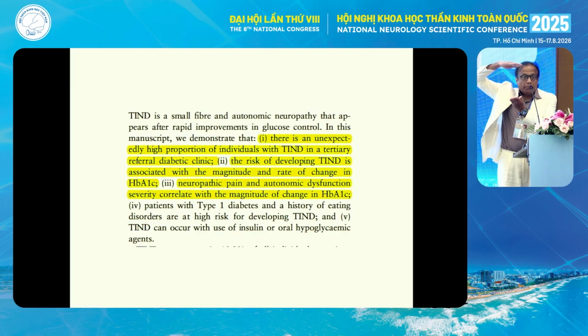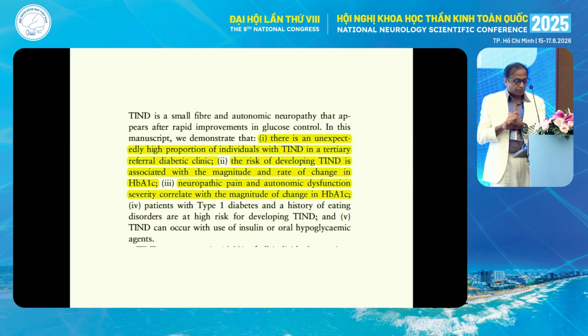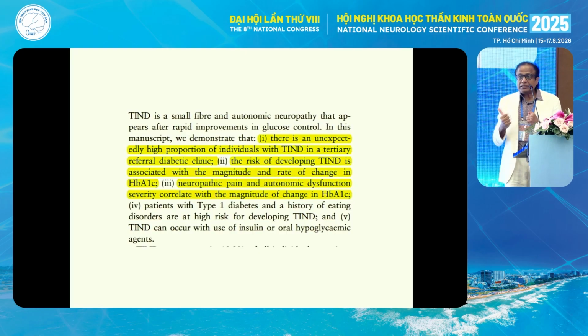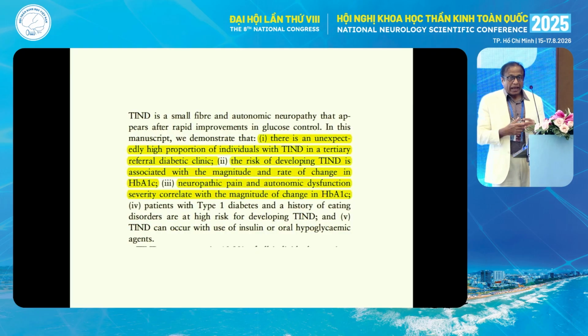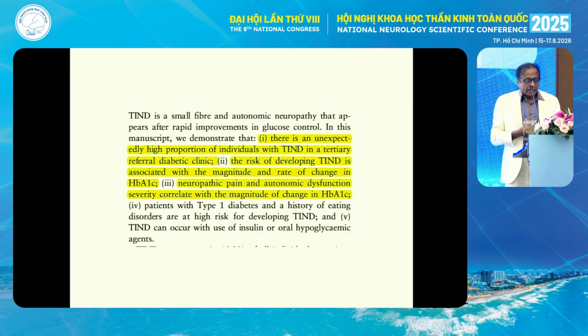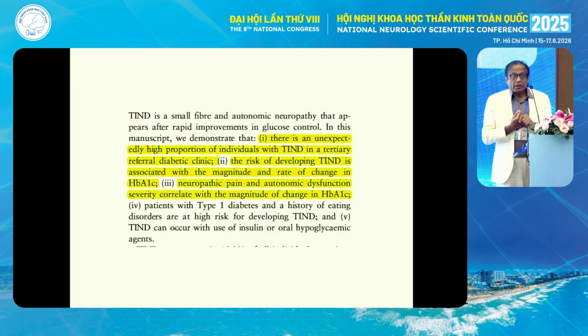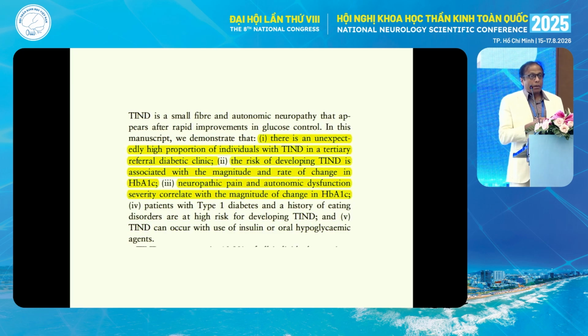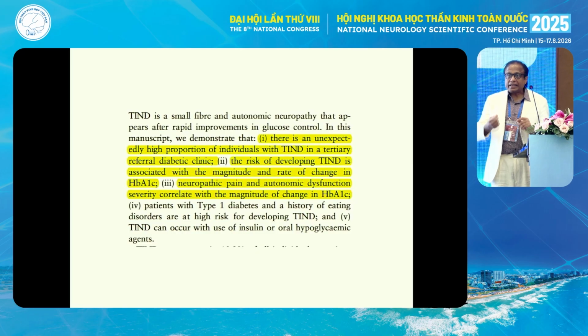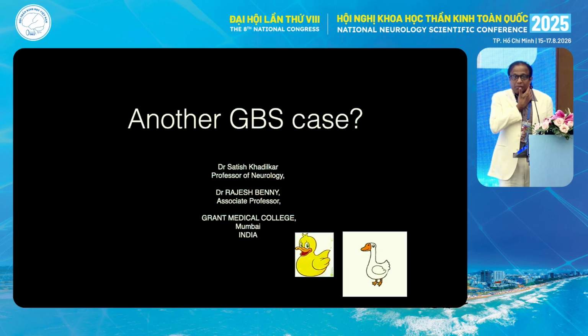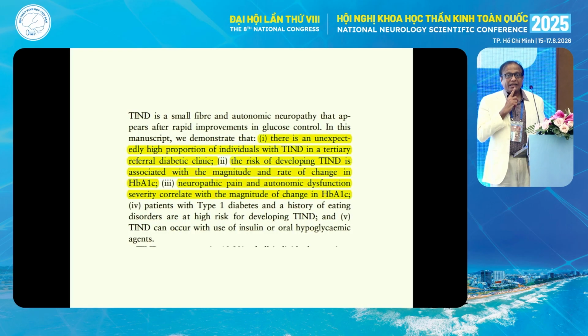So both the amount of change and the speed at which it comes down is very important. It's characterized by severe small fiber neuropathic pain and autonomic dysfunction, associated also with maculopathy. Most commonly seen with insulin patients, but it can also be seen in patients taking oral hypoglycemic agents. So, please remember this as another mimic of Guillain-Barré syndrome.